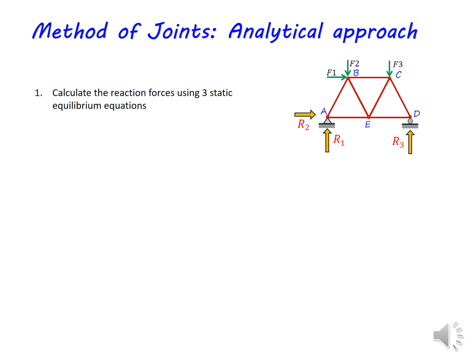What is the second step? In this method, we have to analyze joint by joint. So once we calculate the reaction forces, the next thing is to select an appropriate joint and analyze that joint to get the unknown member forces.